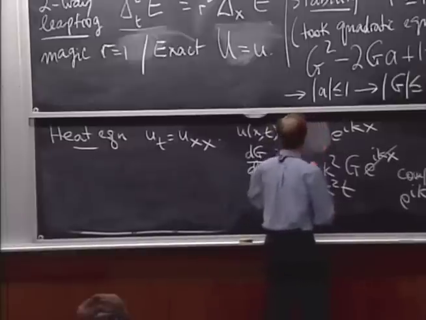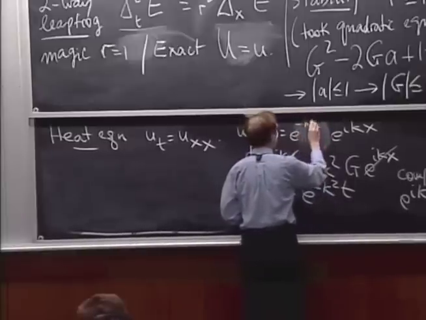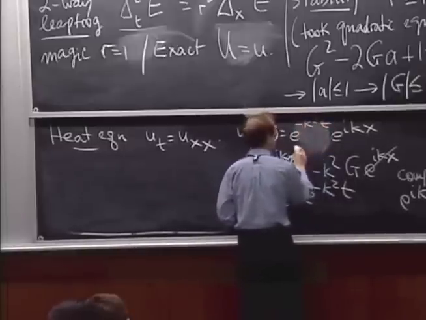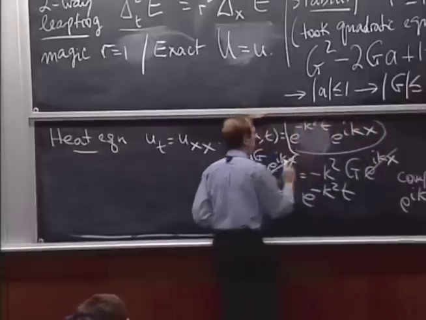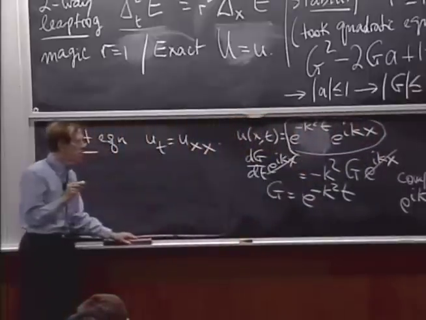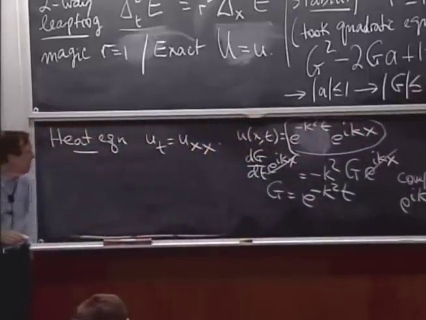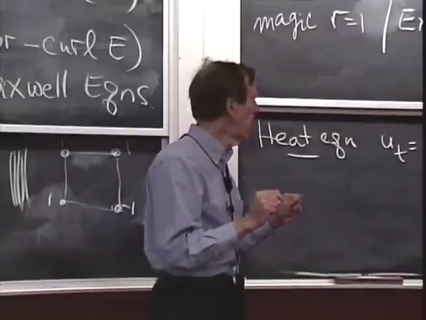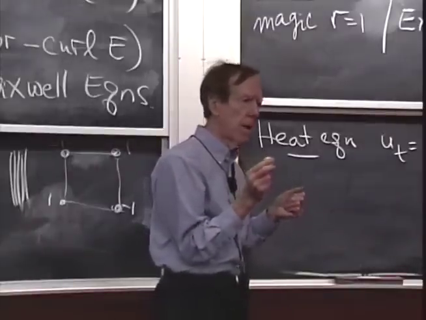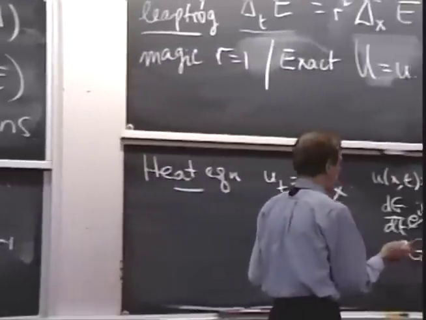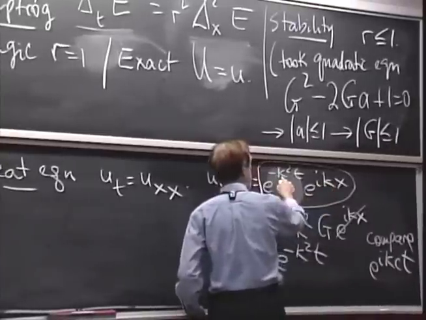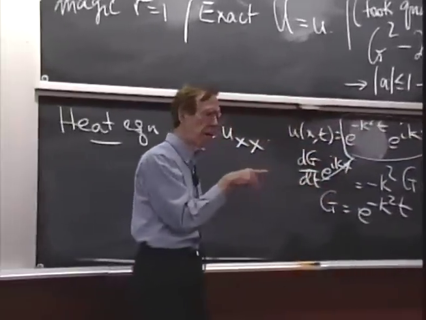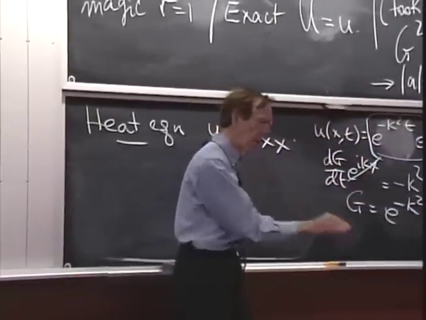Okay. So G of t is e to the minus k squared t. So there's the pure exponential. Simple as always, because we have constant coefficients, but highly informative. I guess another thing that I read off of that is what frequencies are decaying fast? High frequencies. If k is large, k squared is very large, and e to the minus k squared t is decaying very quickly.